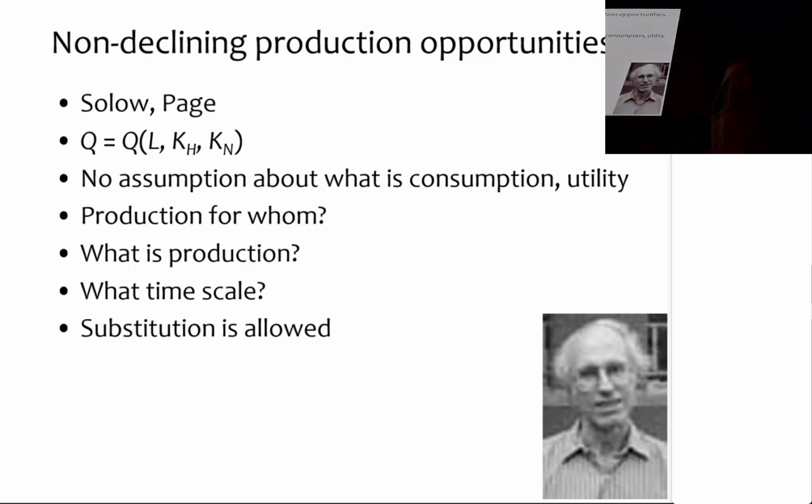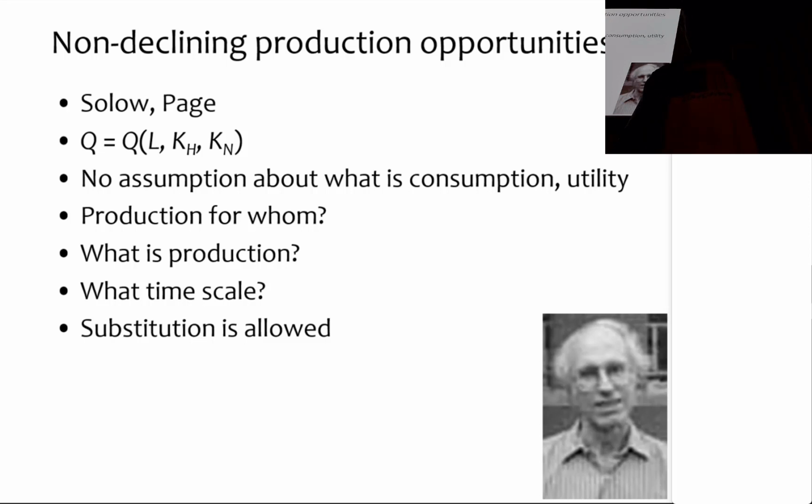But it still says, well, if your production depends on your labor, natural capital, human-made capital, then as long as you can substitute labor for capital or human capital for natural capital, then it's all fine, right? What matters is what we get out of it.